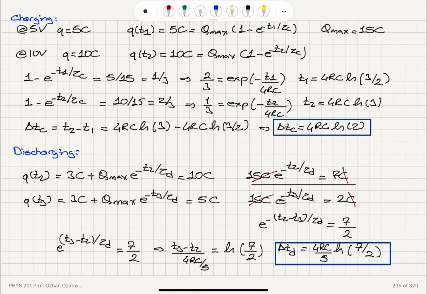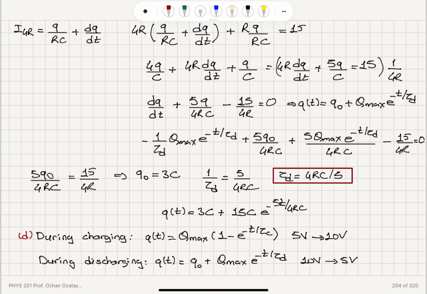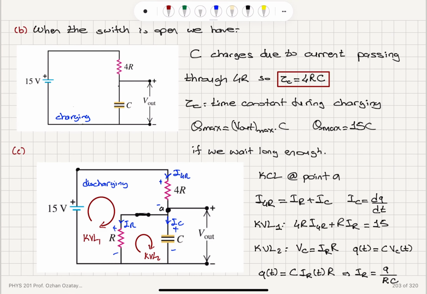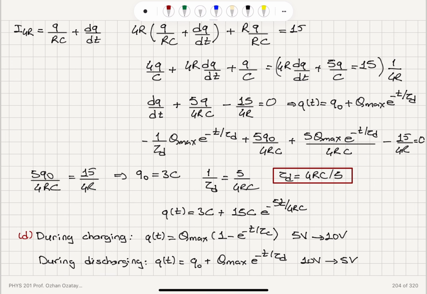And remember that the way I have reached this equation for the discharge process was by writing the equation of motion in part C for the discharge process, and I have found that this solution will satisfy this equation provided that Q0 is equal to 3C and the discharge time is equal to 4RC over 5. So that's basically what I did to make sure that this will solve the differential equation for the charge as a function of time.